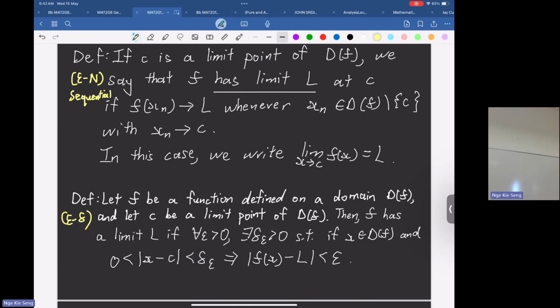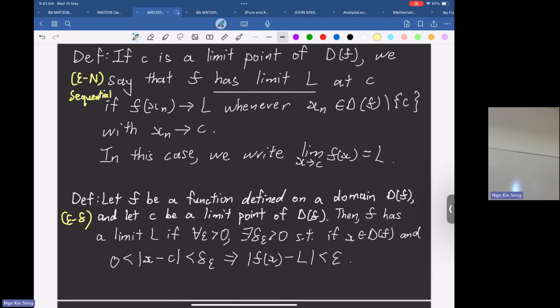To control these points, you just use a distance delta to control the points beside you. But previously, how to control points beside you? You take large n, right? N large enough, you are close to me. But here, I straight away fix a delta region to talk about those.